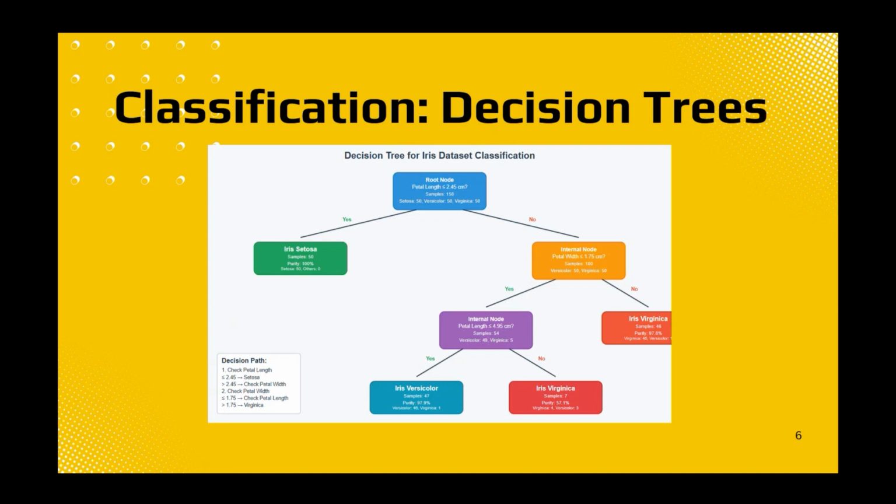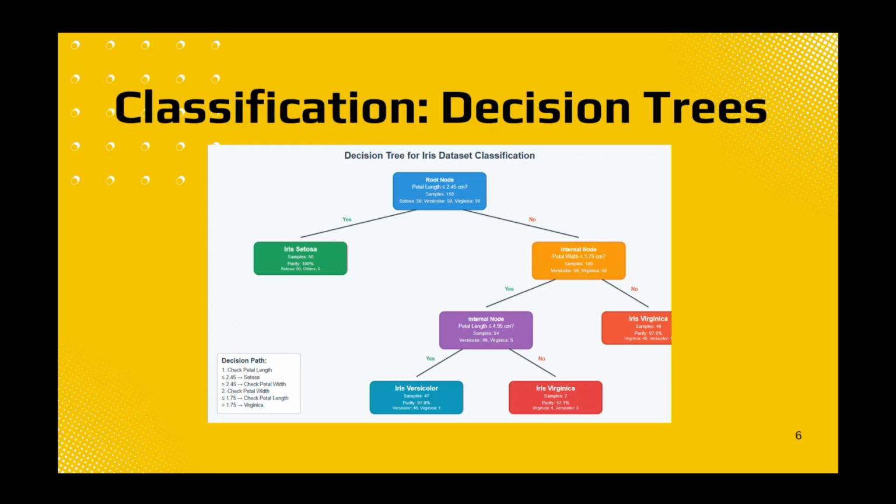So we can see from the root node, it starts by asking a question: whether the petal length is less than or equal to 2.45 centimeters. Then, based on the data, it's decided all the setosa flowers have smaller petal length, and all the setosa flowers are classified correctly in one step.